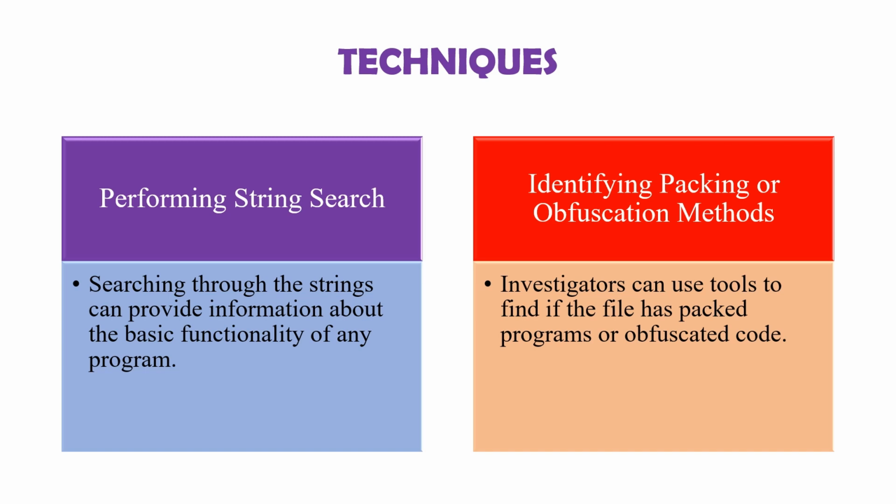Next is identifying packing or obfuscation methods. We have seen packers previously, which is the component of malware commonly used by the attacker to create a malware. So some tools are used by the investigators to find if the file has any packed program or any obfuscated code, meaning any hidden code.